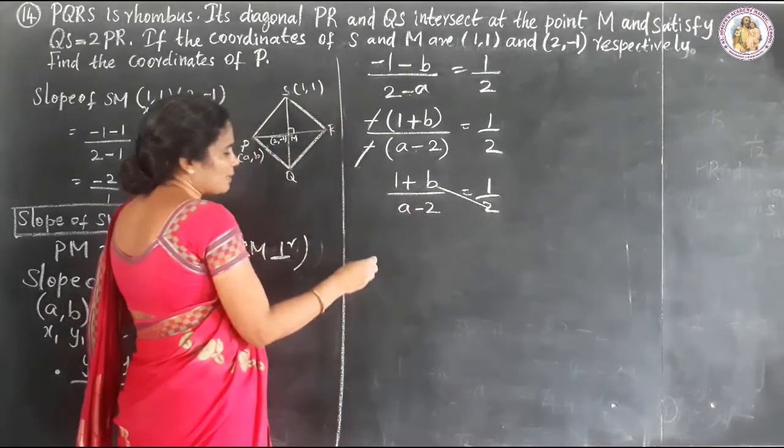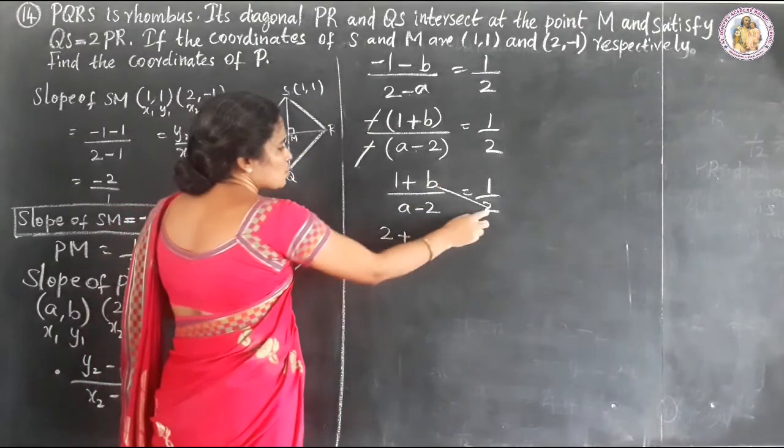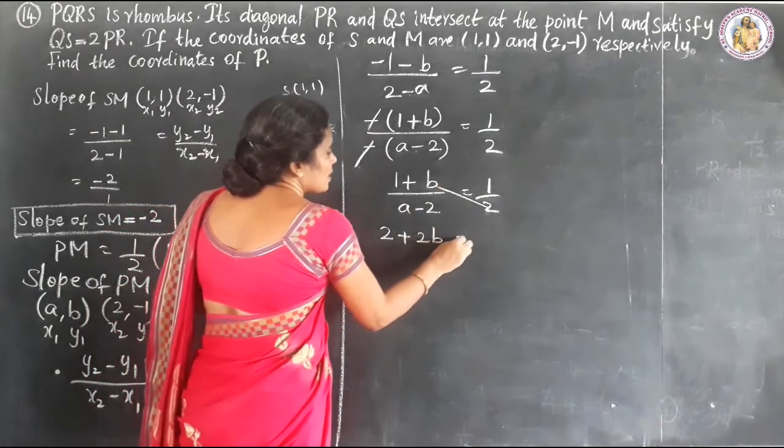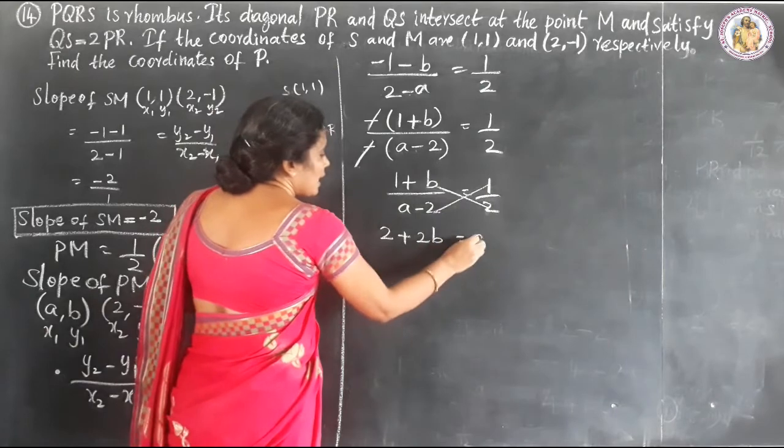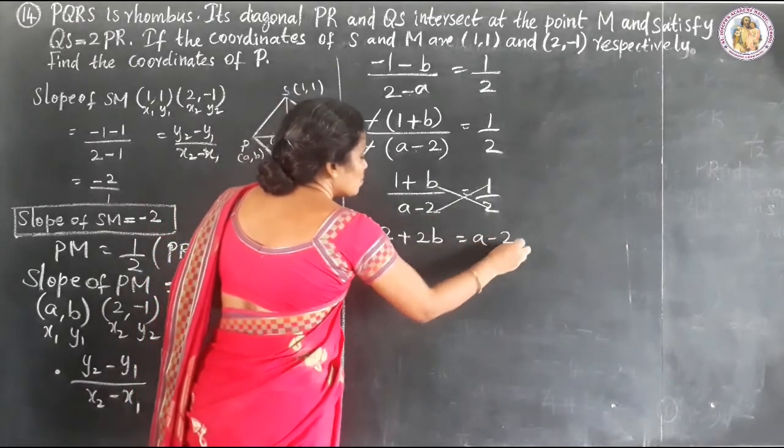Cross multiplying, 2 plus 2b is equal to 1 into a minus 2.